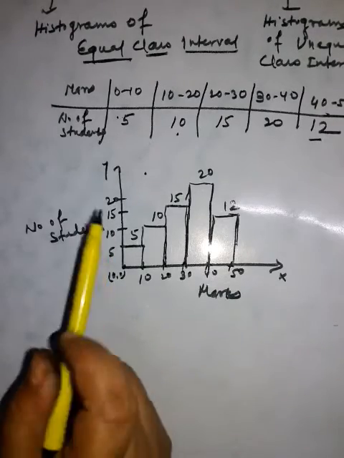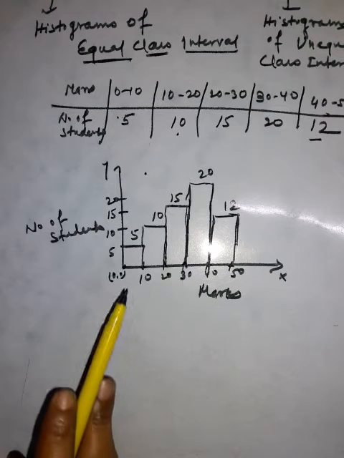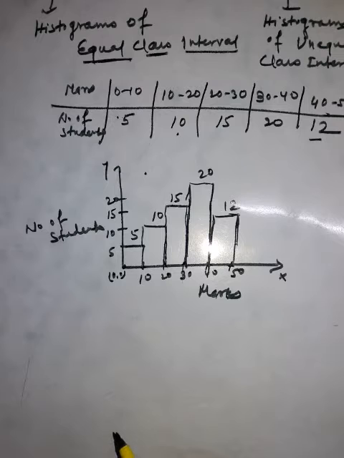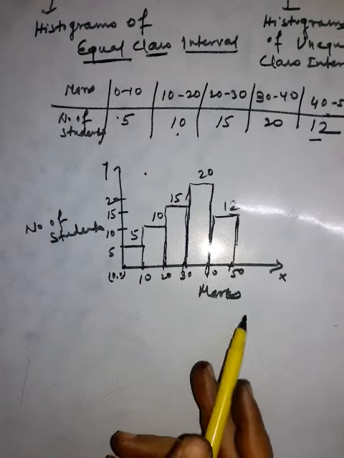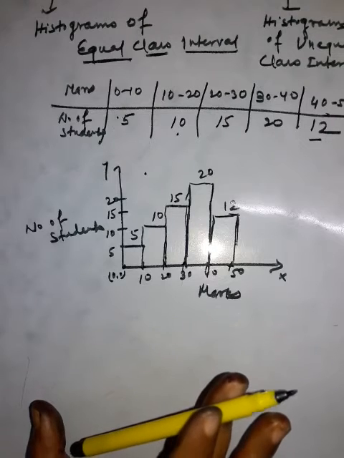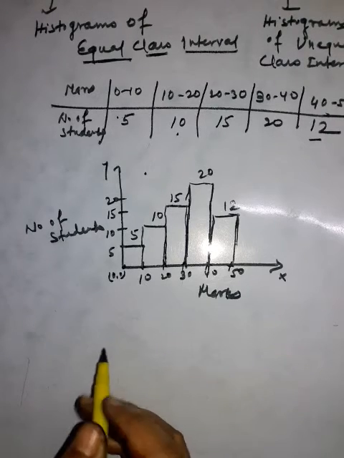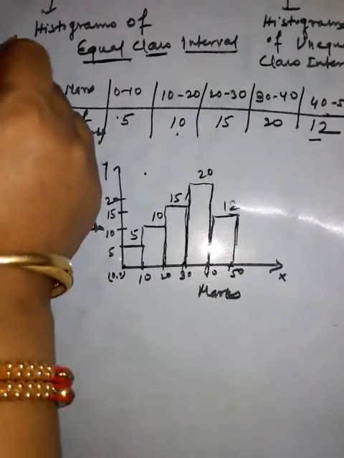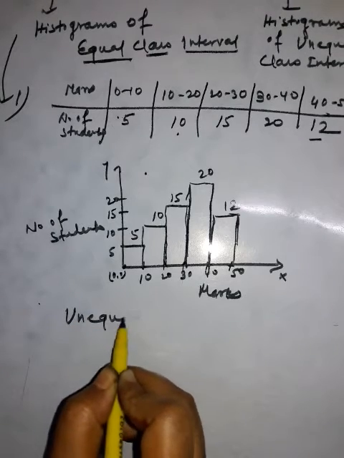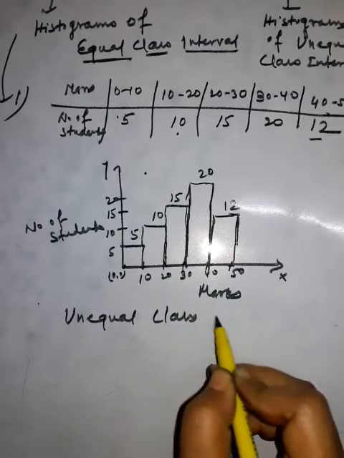If the class interval is unequal, then how will we draw a histogram? The first thing we have to do is find the adjustment factor of any class. Before presenting the data in the form of a graph, the frequency of unequal class intervals must be adjusted.